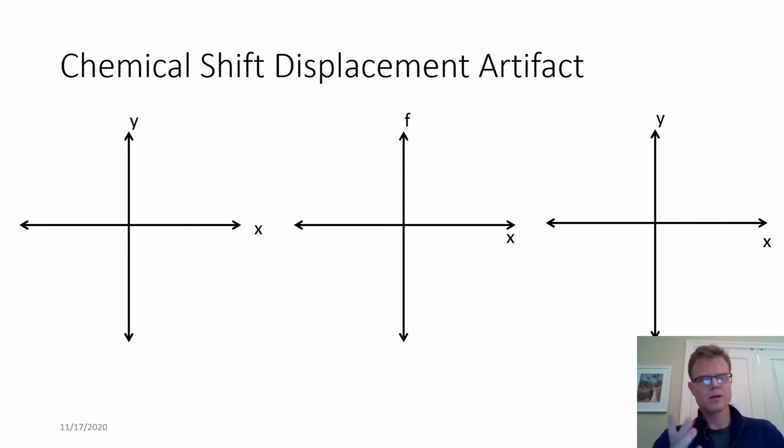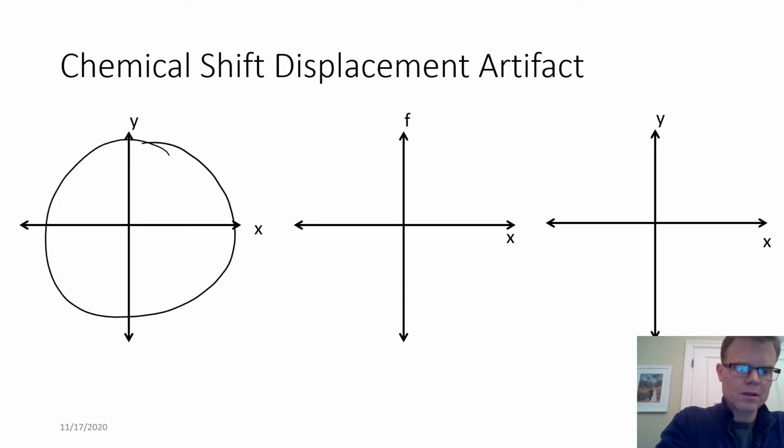Okay, so here I'm going to create an example of a simple object. Let's just say it looks something like this, where there are two compartments.